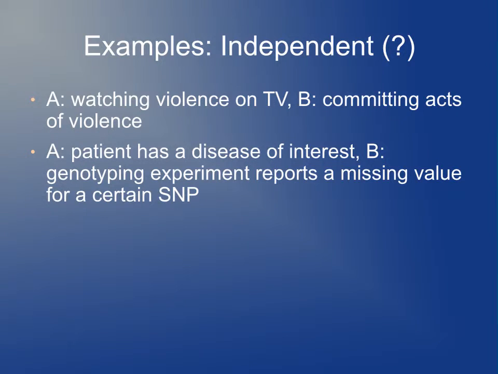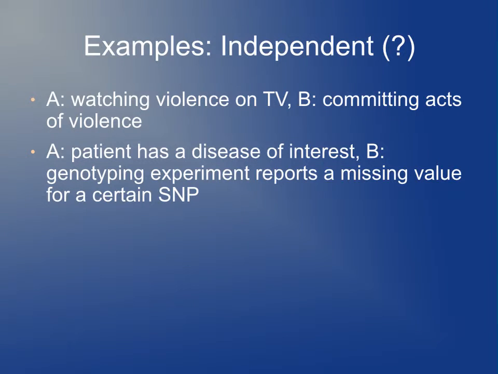Another possibility: say you're doing a genetic study of some genetic disease, and you want to know, is that disease associated with a missing value for a particular SNP? Well, it's possible that they're completely independent and that the genotyping errors are completely random.